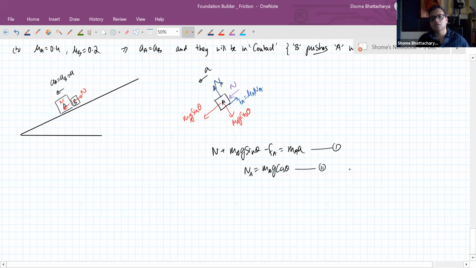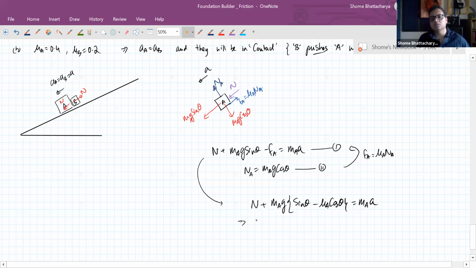That's this. Okay. So we substitute this here, we will get this equation that N plus m_A g into sin theta minus mu A cos theta is mass into acceleration.